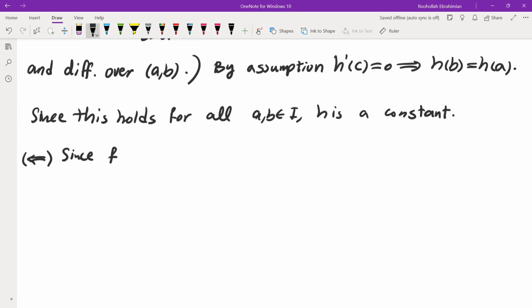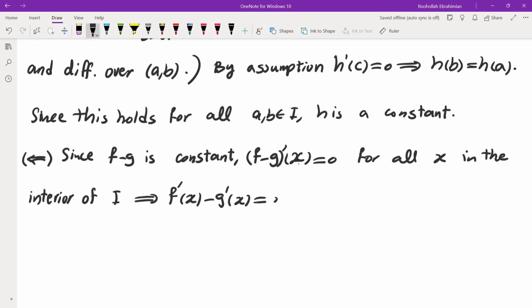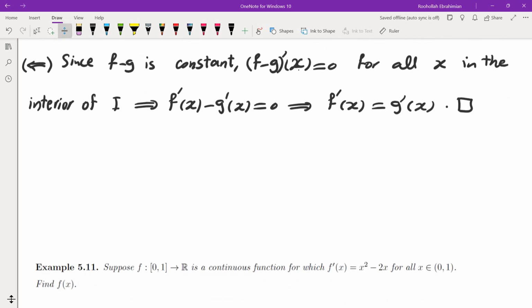Since f minus g is constant, f minus g prime of x is 0 for all x in the interior of I. And that means f prime of x minus g prime of x is 0, which is to say f prime of x is equal to g prime of x. And that's exactly what we wanted to show. We wanted to show f prime and g prime are the same.